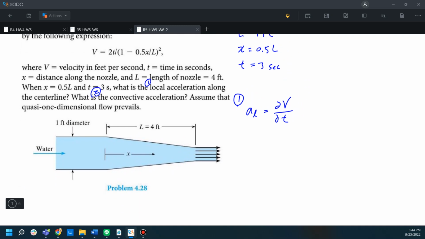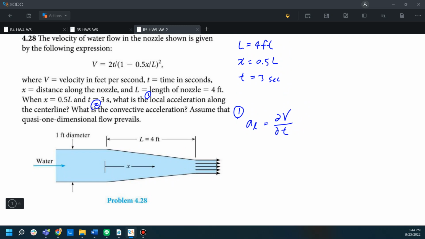According to this definition, and we have the equation for the velocity, we can just take the partial derivative with respect to t. So partial v divided by partial t is equal to this, and I just copy that equation down here, divided by L to the power of 2.